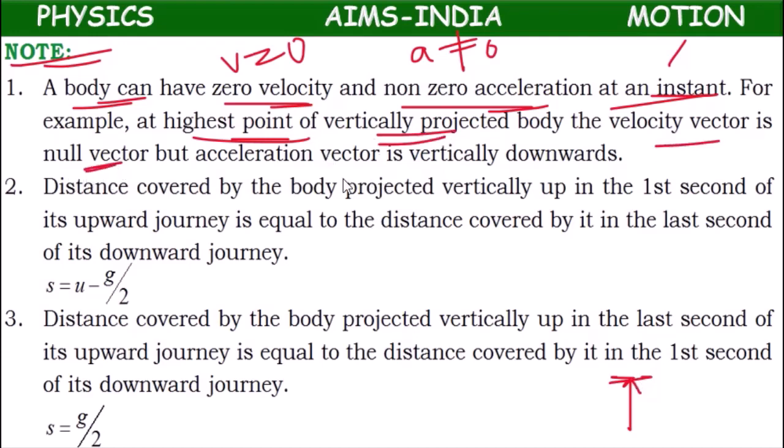But at the highest point, instead of going up, it is changing its direction towards the downside. At the highest point velocity becomes 0, so instead of going up it turns downward. We can observe a change in the direction of velocity, which is acceleration. So velocity is 0, but still the acceleration value is there. That happens at one instant.